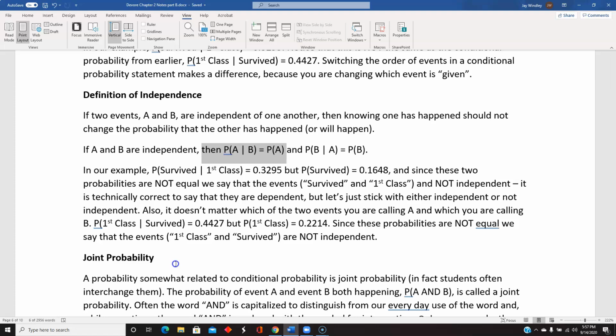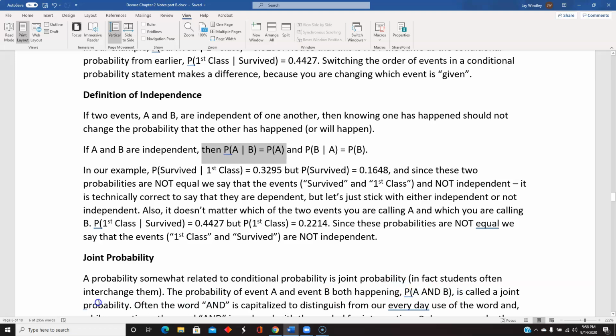Somewhat related to conditional probability is joint probability, and in fact students often get the two mixed up. The probability of event A and B both happening, which is written as probability of A and B, is referred to as a joint probability.